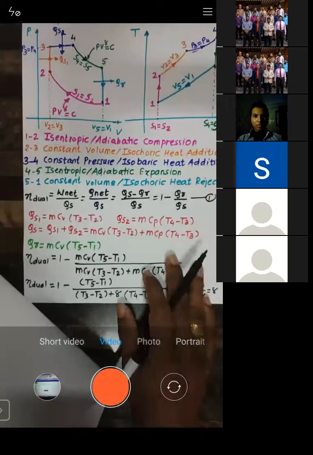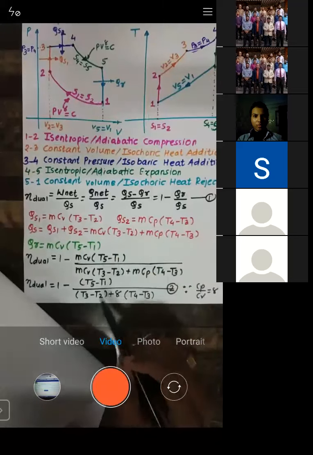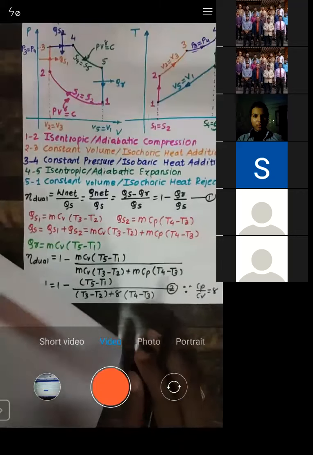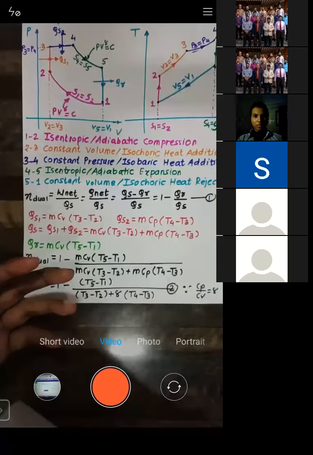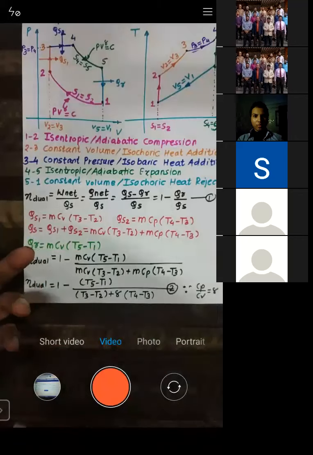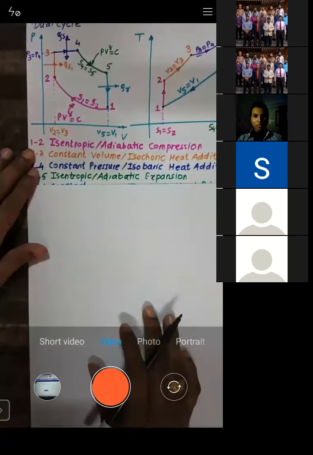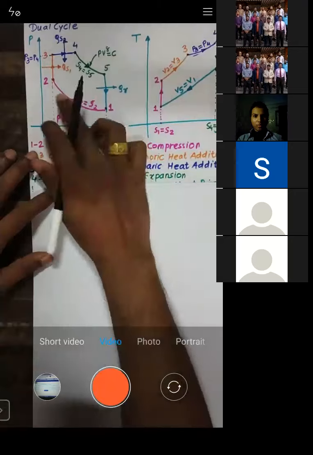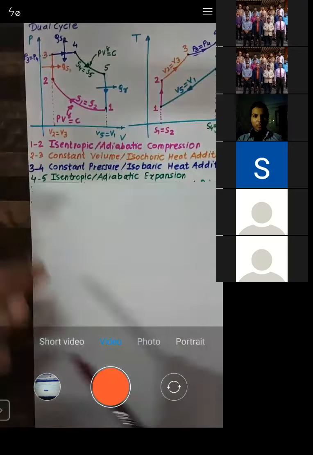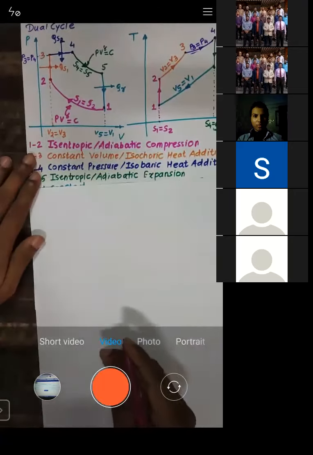What I will do is represent some of the temperatures in the form of a few of the other temperatures. That is the thing I'll be doing. Now see, process 1 to 2 is isentropic compression.